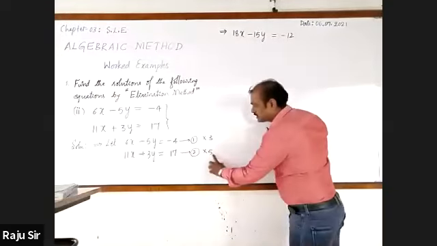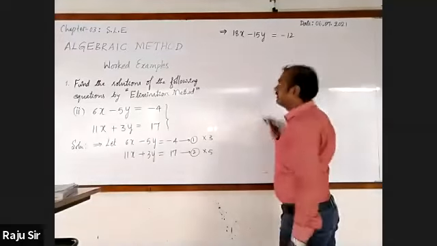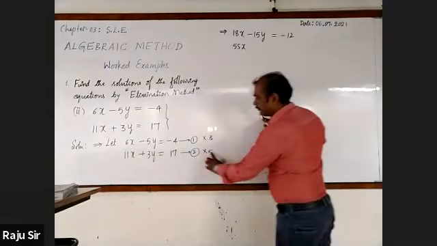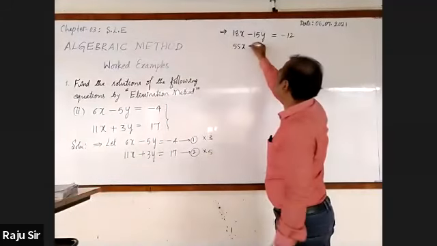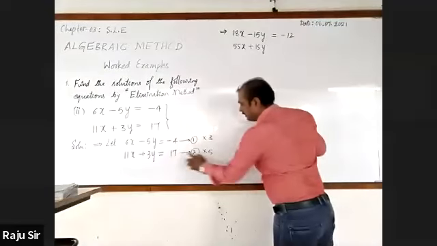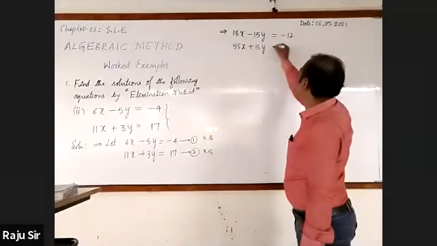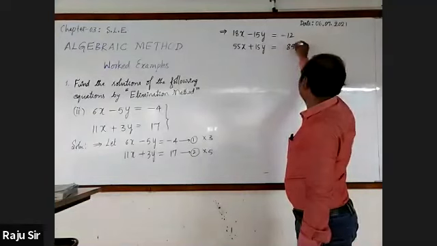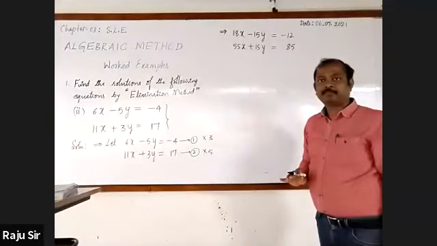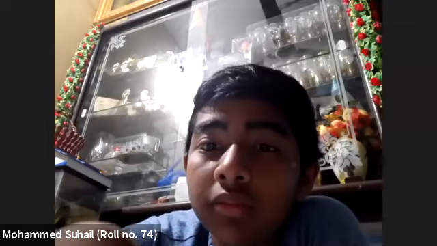Multiply the second equation by 5. 5 11s are 55x. 5 3s are 15y. Then 5 17s are equal to 85. Have you got the same? Yes, sir.